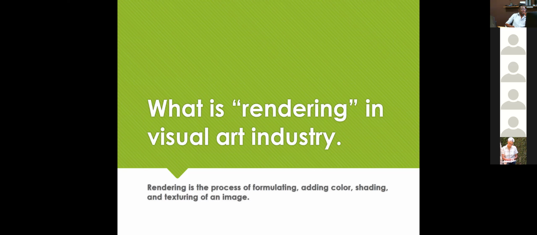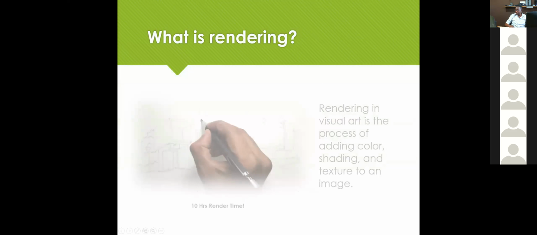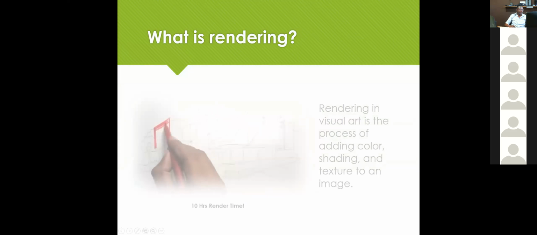If you ask a contractor what it is, it's different for them. As it relates to this industry, formulating, adding color, shading, texture. Pretty much we can attribute that to what we do in perhaps first year. Anybody remember doing this kind of stuff?